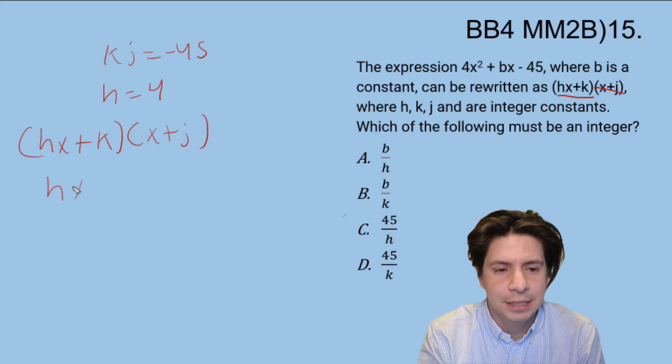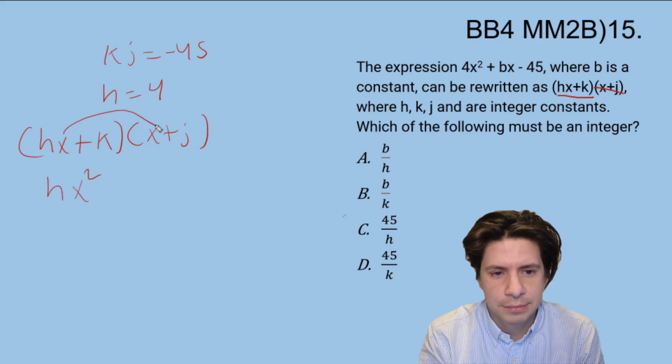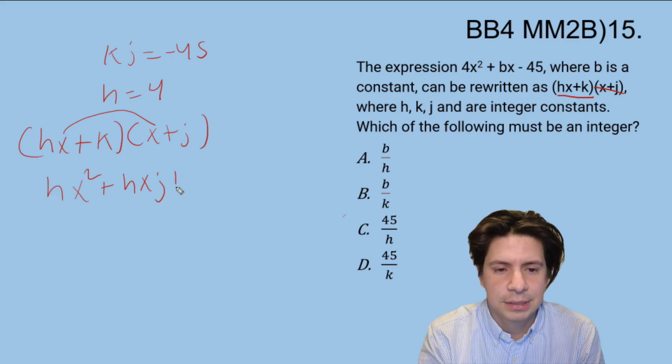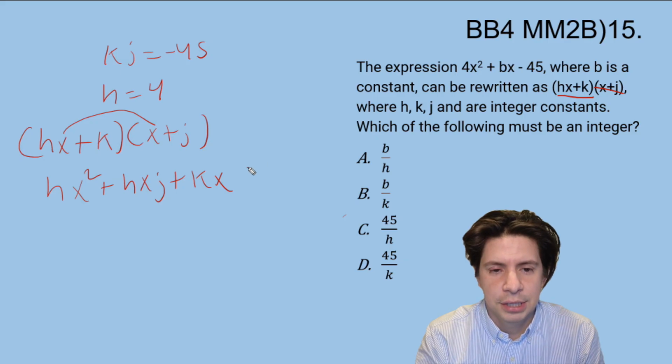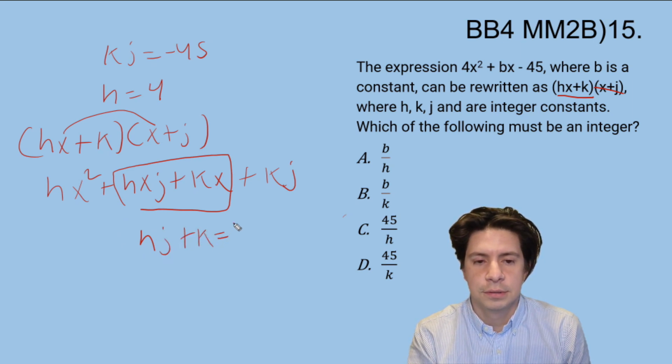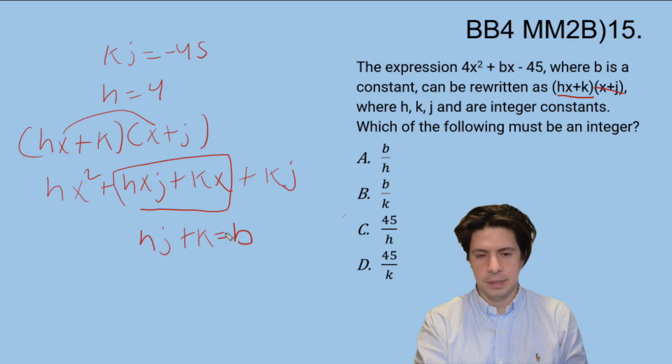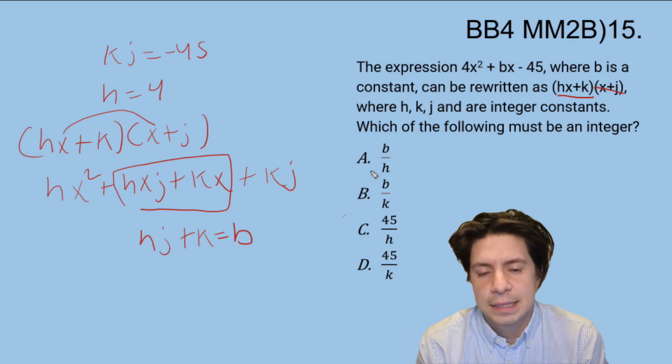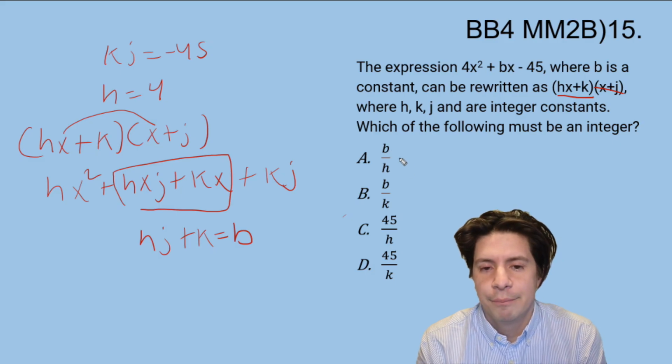And then we're going to get hx squared when these combine, plus outside times outside, hxj, plus inside times inside, kx, plus kj, right? So hj plus k equals b, right?